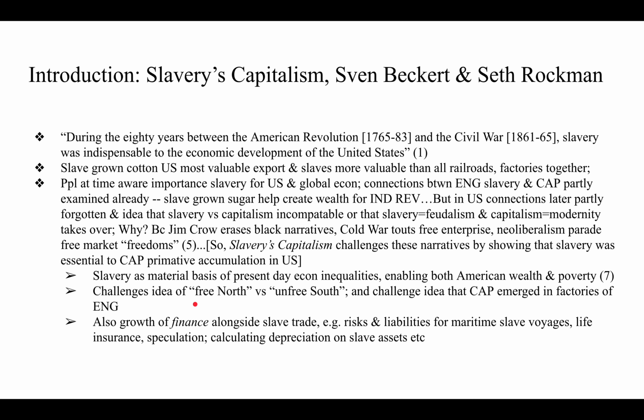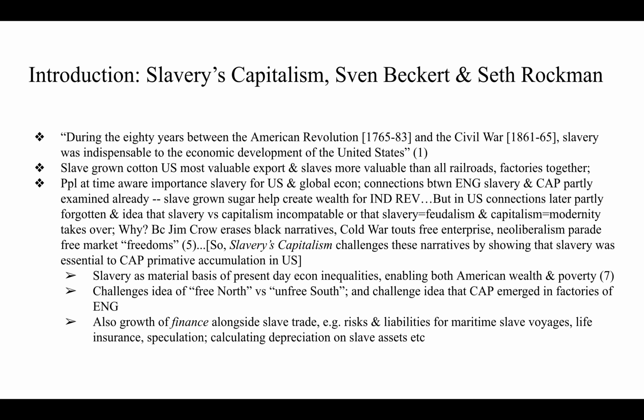And it also challenges the myth of a free North versus an unfree South, okay? Because think about it. You've got the kind of mythical history of these great people in the North, abolitionists, who are so concerned about slaves' welfare and just want to emancipate black people in the U.S. out of the goodness of their own heart or something like that.